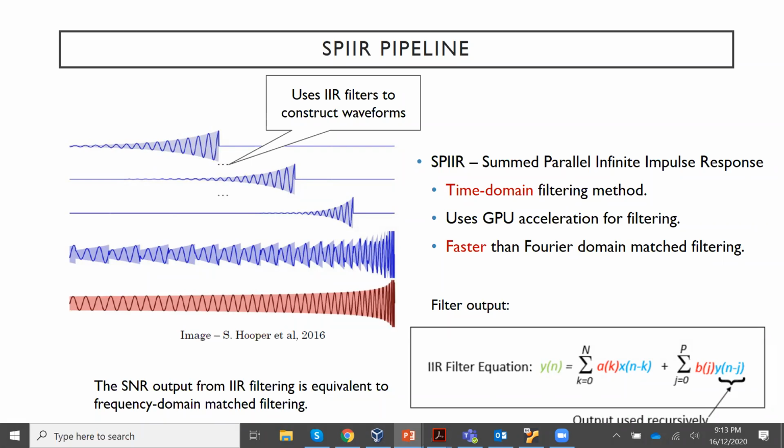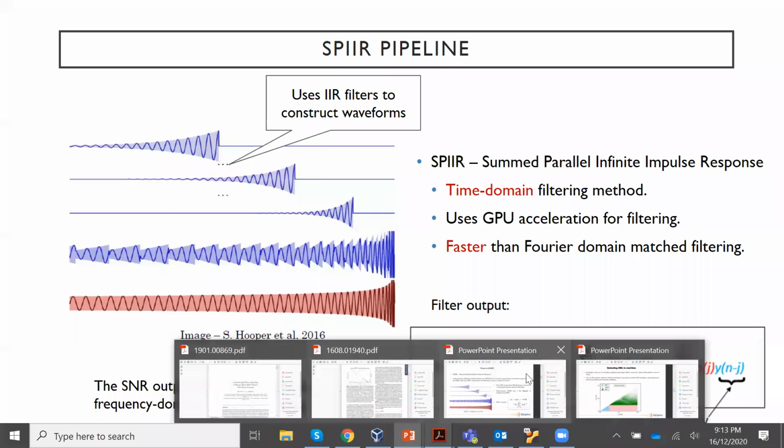The advantage of this approach is that it is much faster than Fourier domain matched filtering, because as far as I know, the Fourier domain filtering involves calculation in chunks of frequency bands, and that takes much longer than this time domain filtering, which is very fast. Virtually, I think it takes about 0 second latency to get the matched filtering result using the time domain filtering.